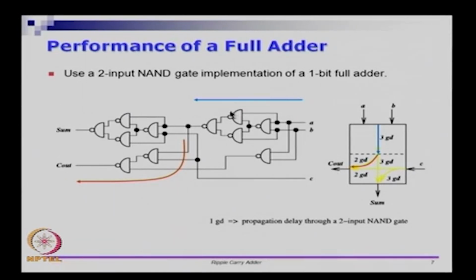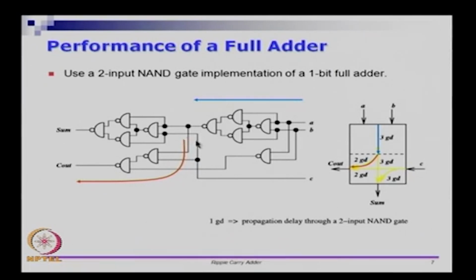So, any change in AB may take 5 gate delays for C out to change. However, C out also takes input from C. So, let us see what happens to that. C is coming from here, it goes through 1 gate delay and another 2 gate delays.